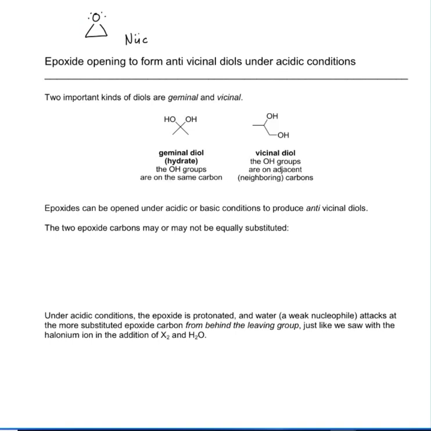The bonds between the carbons and the oxygens are polarized. So you have partial positive charge on each of the carbons and partial negative charge on the oxygen. So a nucleophile can attack one of the carbons, and that's going to cause the carbon-oxygen bond to break. And so you get something like this.